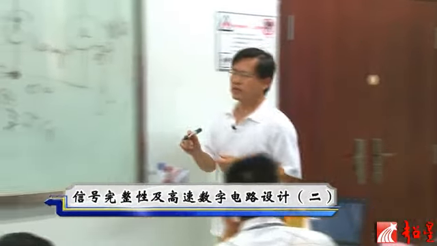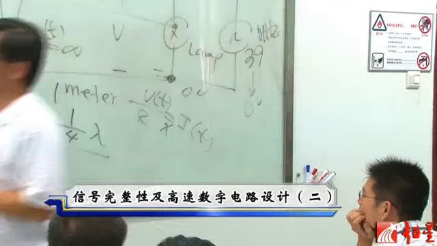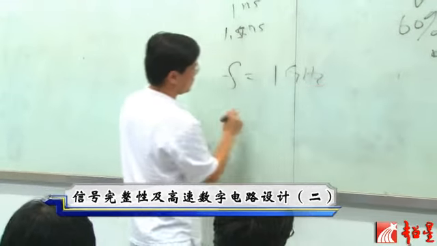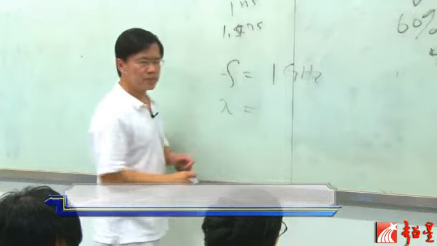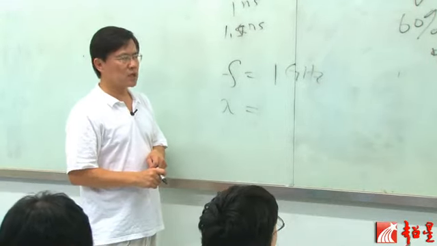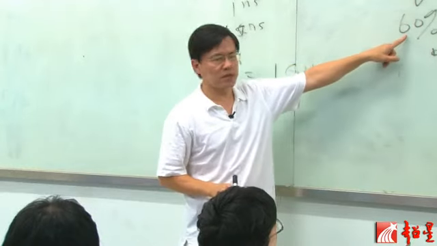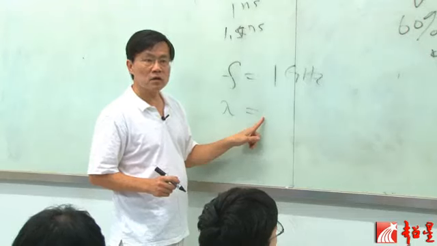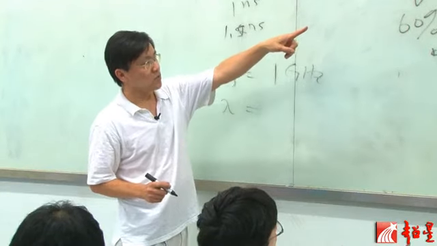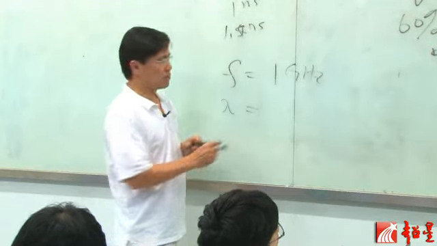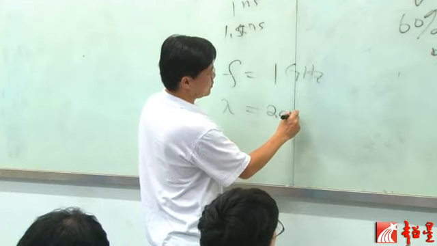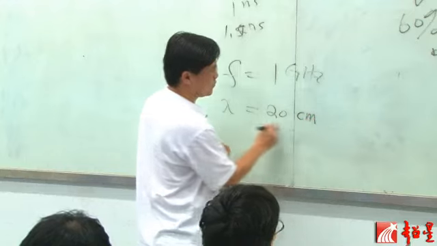Okay, so that's the reason we have to deal with transmission lines. Say your frequency is 1 gigahertz, what is the wavelength? If you're still assuming 60%, then the wavelength is about 20 centimeters, right?